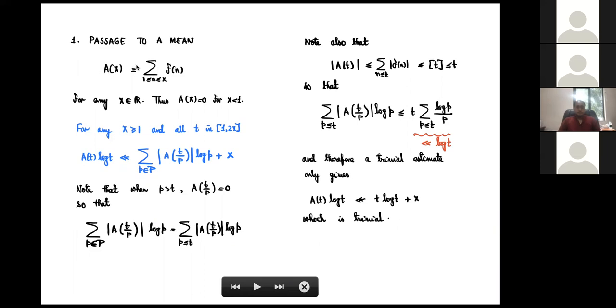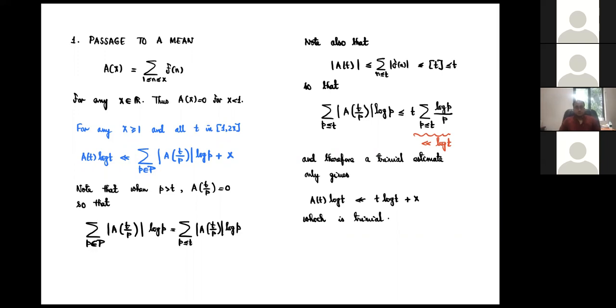Yesterday there was a handwriting mistake, as in I made a slip when writing. I had defined A(x) as 1 by x times the sum of f(n) for 1 less than or equal to n less than or equal to x. But actually, as I mentioned yesterday, the 1 by x was an error, and A(x) should just denote the partial sum of f(n) up to x.